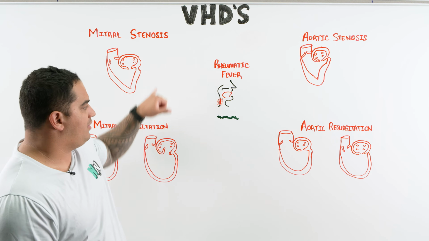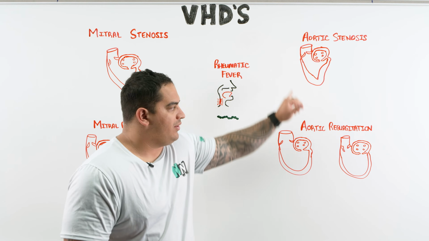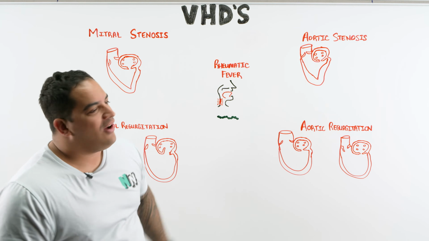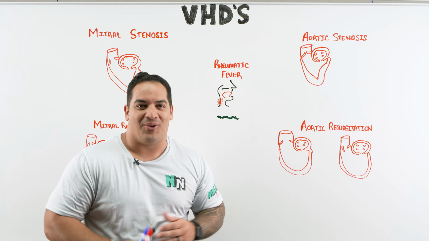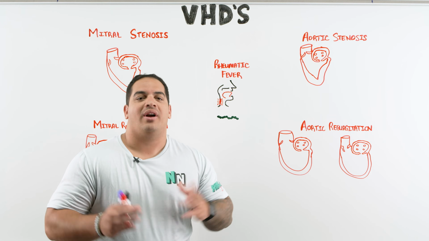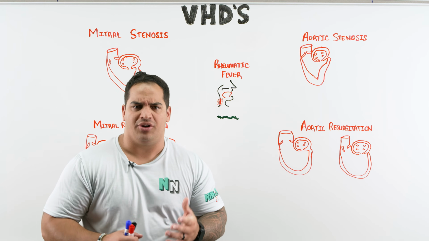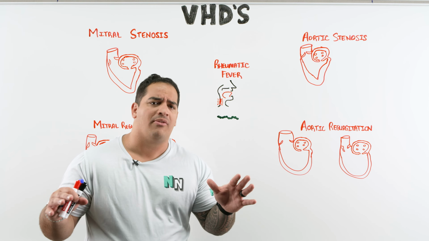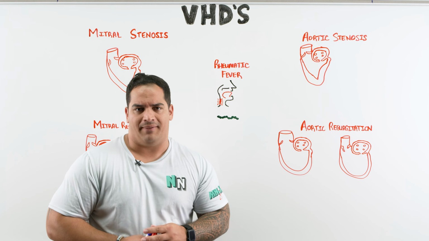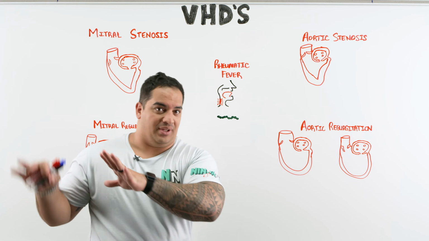That includes mitral stenosis, mitral regurgitation, aortic stenosis, aortic regurgitation, and then we'll talk about this little random guy here called rheumatic fever. One little note, tricuspid regurgitation may be the only one that could potentially be mentioned on your exams. The only thing to remember for that one is it's highly associated with IV drug abuse. Other than that, that's really it.